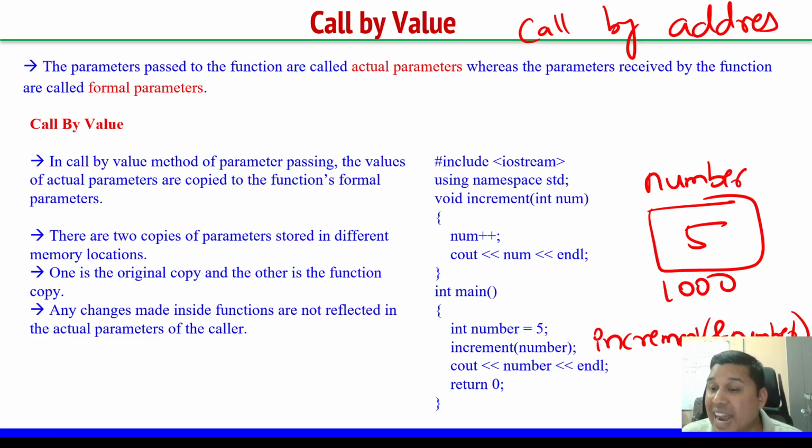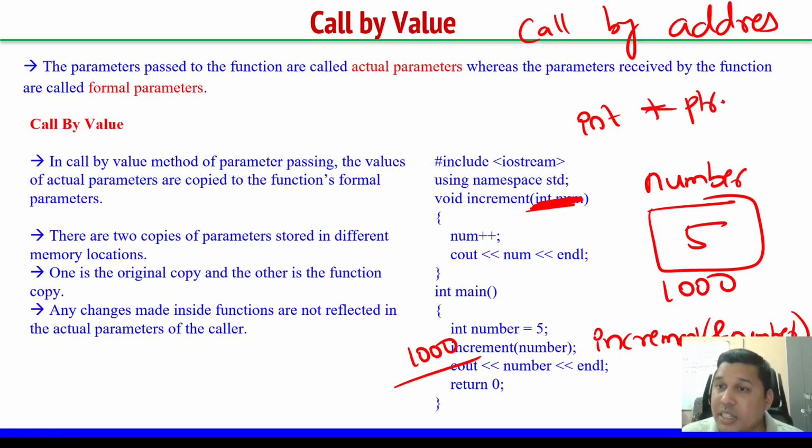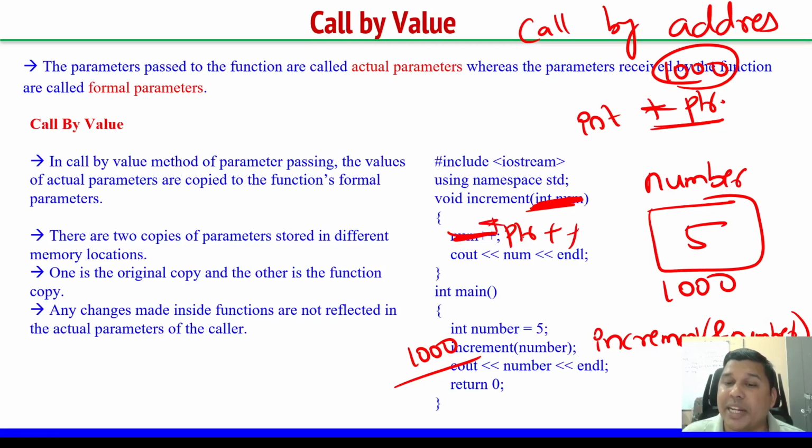So you are passing the address, that is 1000 is being passed here. So here you will have, instead of this statement, int star ptr. It means the 1000 is received here. And star ptr means what is the value at 1000? 5. So if you write ptr plus plus, star ptr plus plus, this becomes 6.